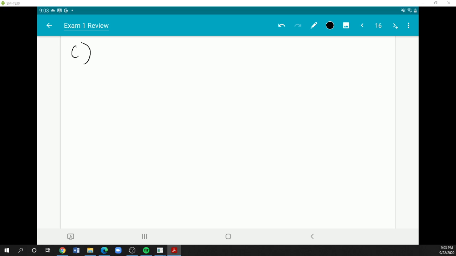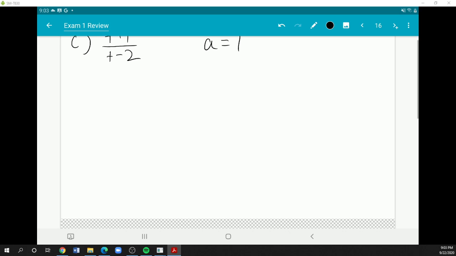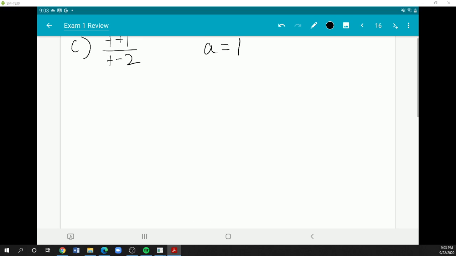So the function should be t plus 1 over t minus 2. And our a is equal to 1. Okay, great. So I have a quotient. So that's signaling to me I need to use the quotient rule.